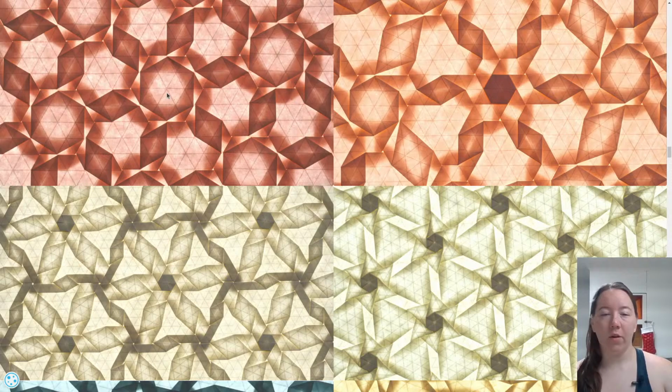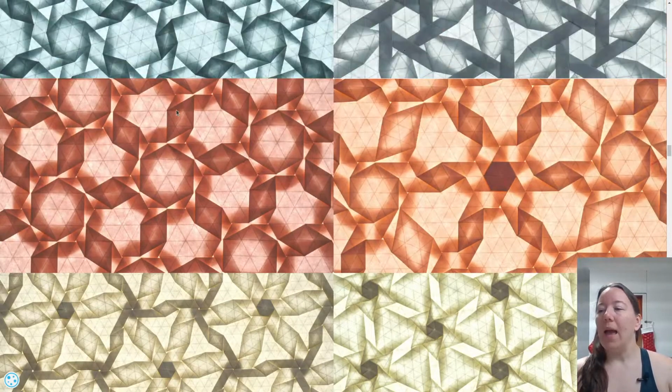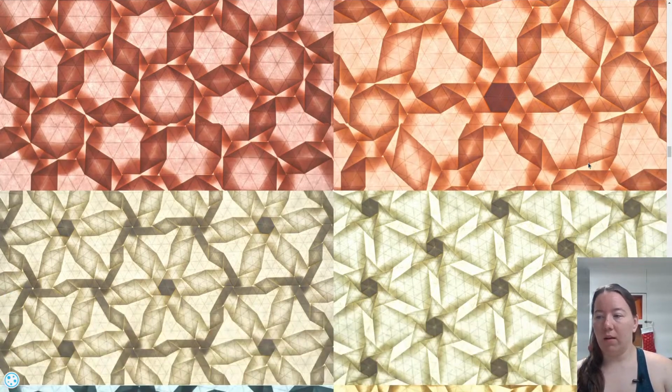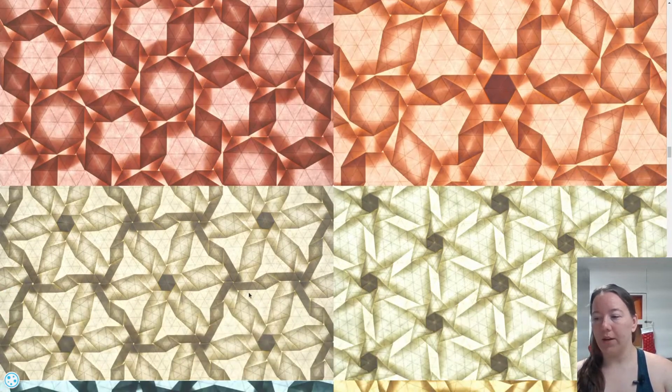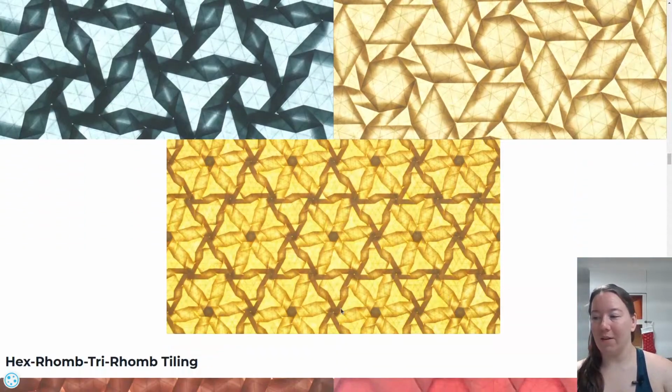So that's hexagon open or closed, triangle open or closed on the front or the back, rhombus open or closed on the front or the back. That's 2 to the 5th, 32 different options right off the bat. And then you can have symmetry extensions like this pattern and this pattern. You can have all kinds of crazy things going on after those 32 choices.